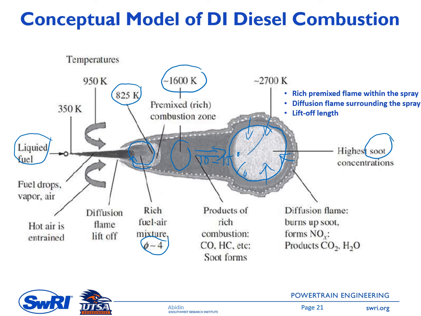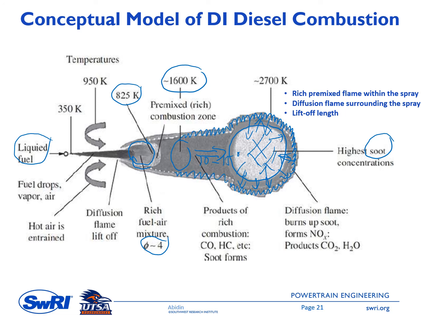So this is the zone where the soot is maximum, and then this soot will move outwardly toward the diffusion flame here, and then there will be a diffusion process between these soot particles and radical species and so on with the air from outside of the spray, and then there will be further combustion within this diffusion flame front.